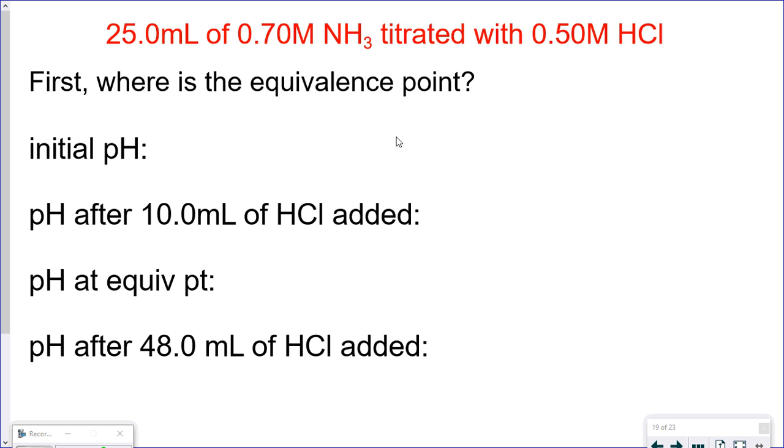So here we have 25 milliliters of a 0.7 molar ammonia that will be titrated with a 0.5 molar hydrochloric acid solution. First thing we want to figure out is where's that equivalence point. So we do need our overall reaction.